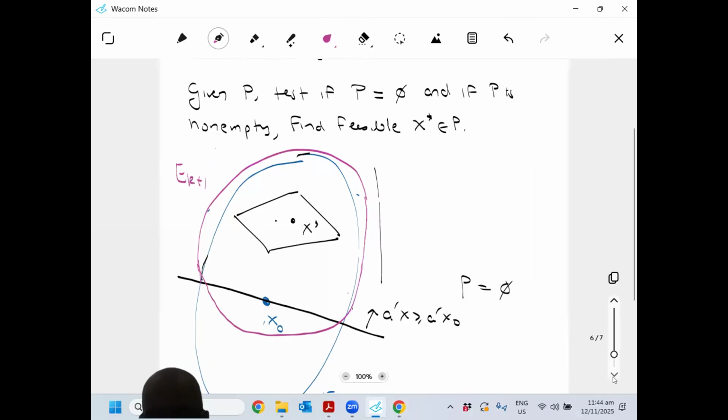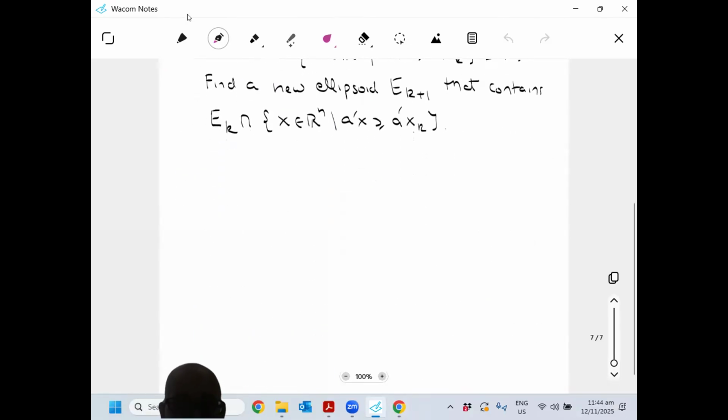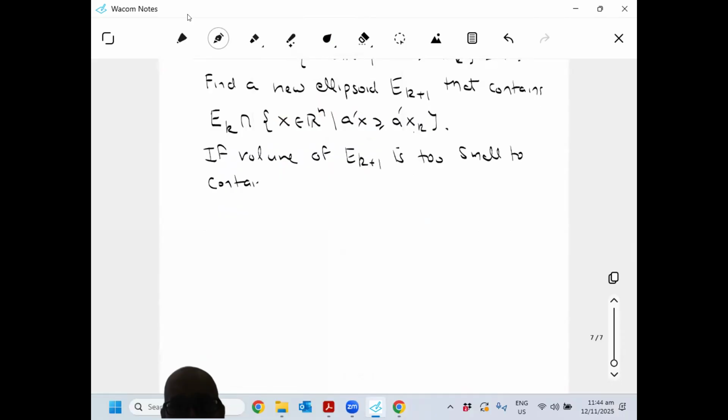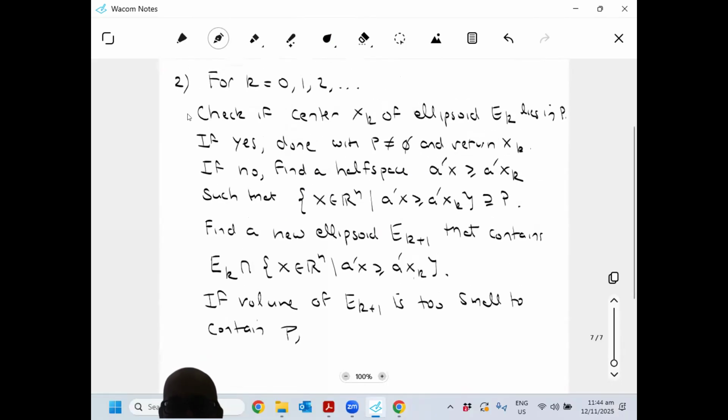So this happens. If the volume of E(k+1) is too small to contain P, you're done, with P being empty.